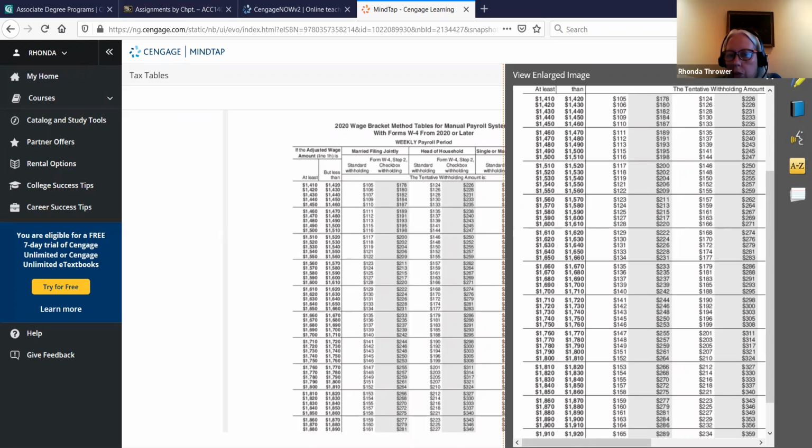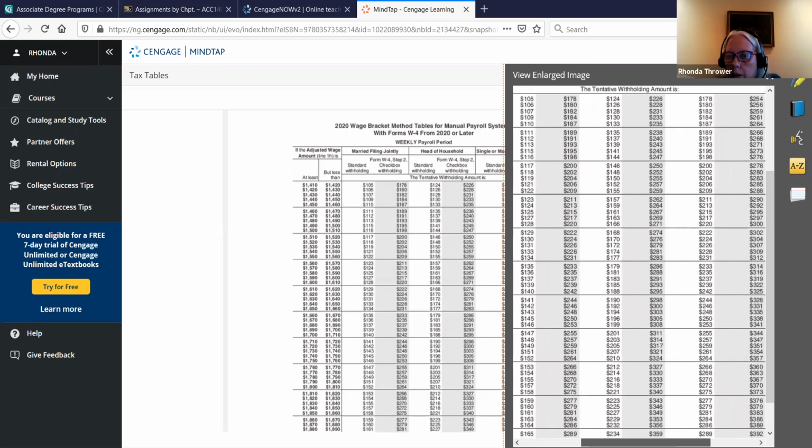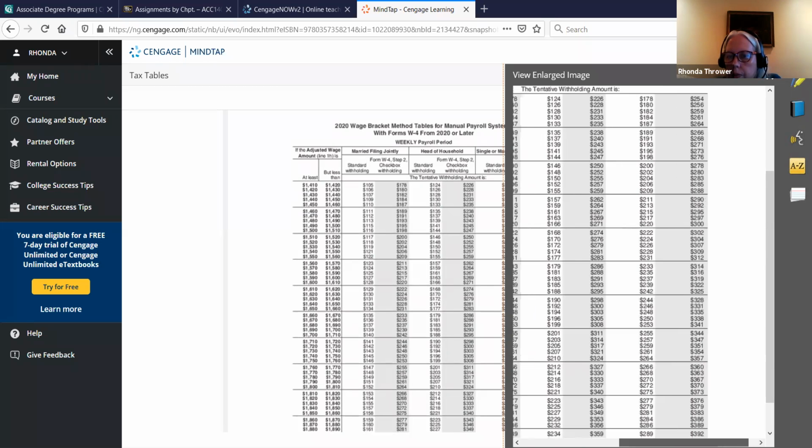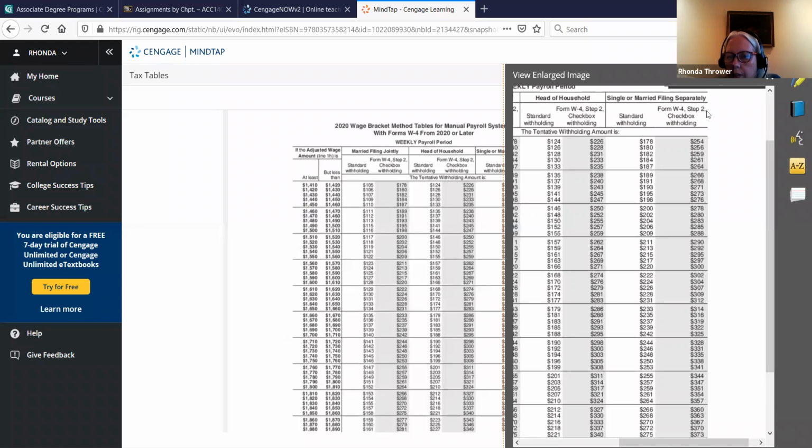So we need to go to the single portion of this table. And you see there that this is single.